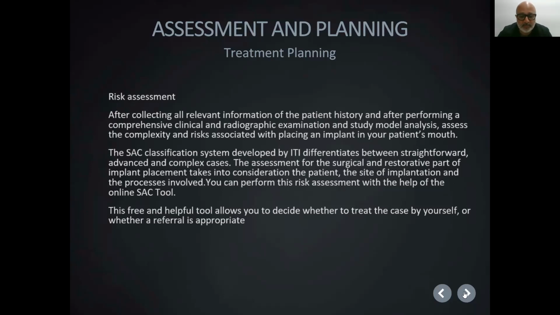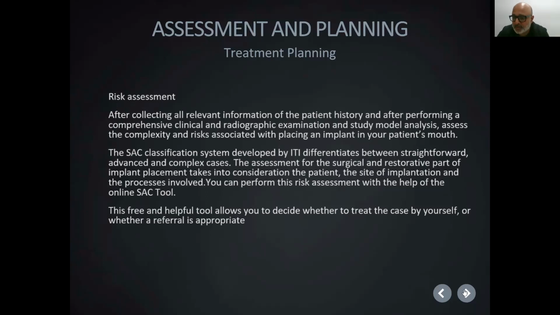Sometimes you can refer the case so that it isn't completed by the other clinician, but it can be made to be a simpler case. So you started off with an advanced case and it becomes simple, because it's bone grafted or the conditions are made from non-ideal to ideal. This is a great tool.